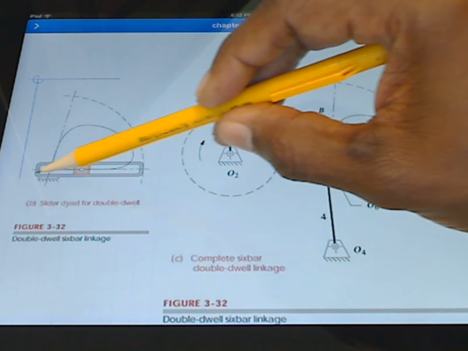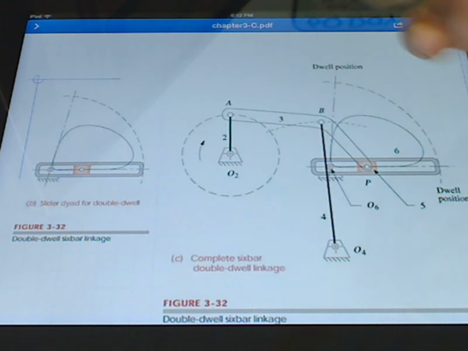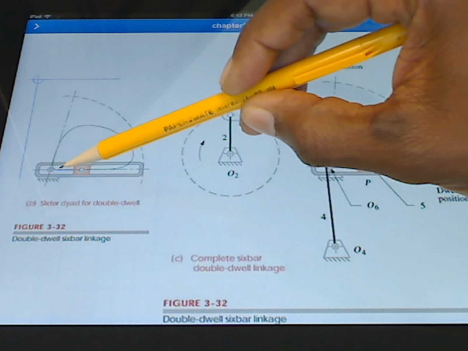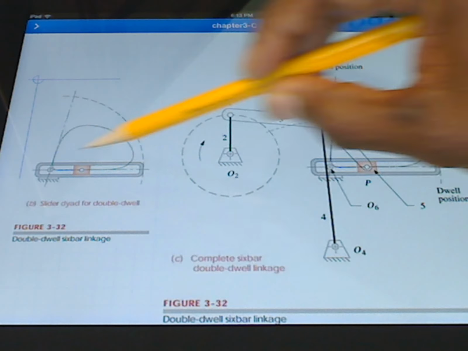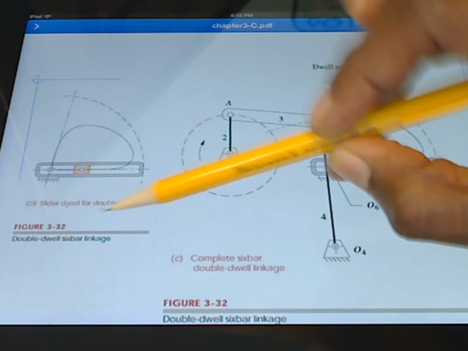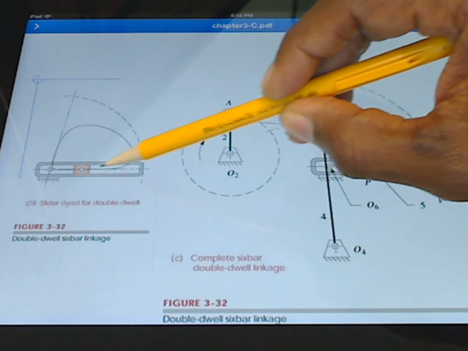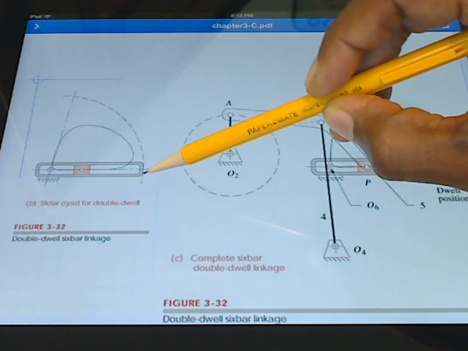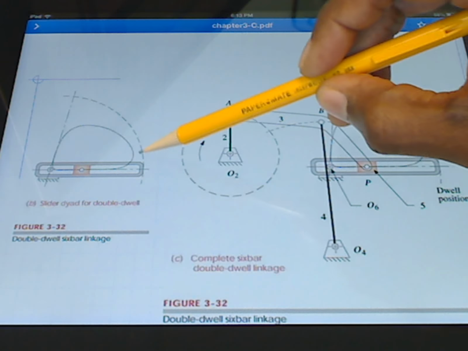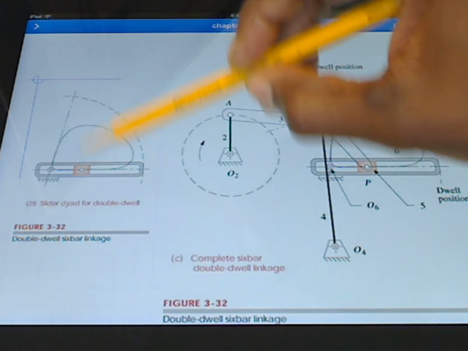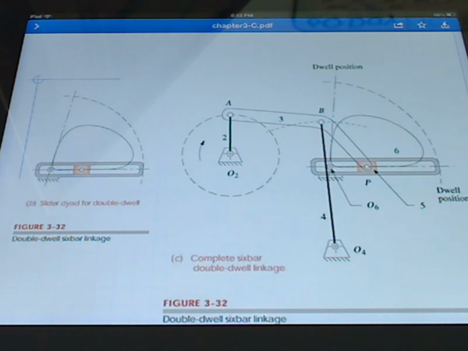And as it's moving, of course, this outer link is going to be in dwell because this piston is moving straight along, and there's no need for this whole link to pivot at that location. But of course, once it starts to move along this path, this gray portion will rotate up, and then when the piston gets up here and comes back down, it will be paused again.